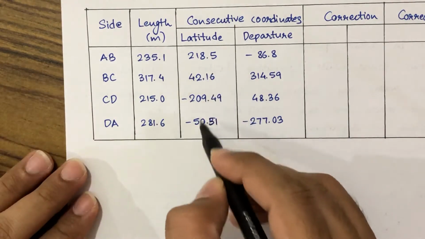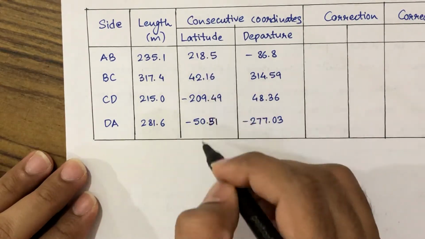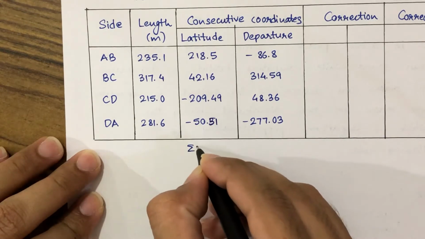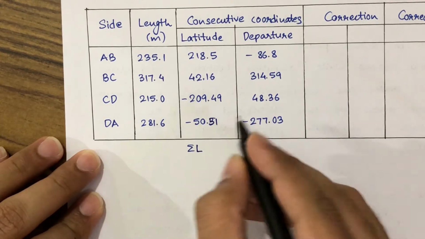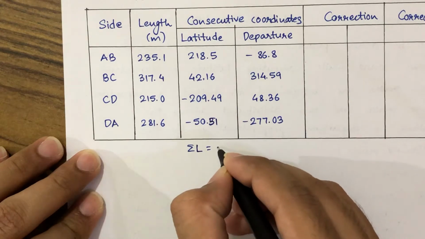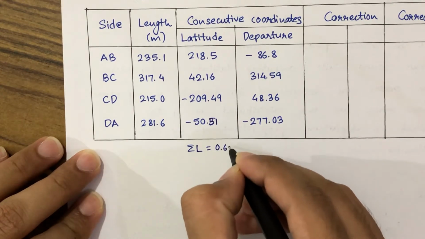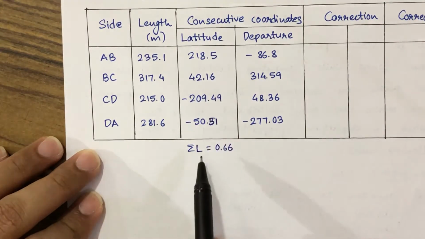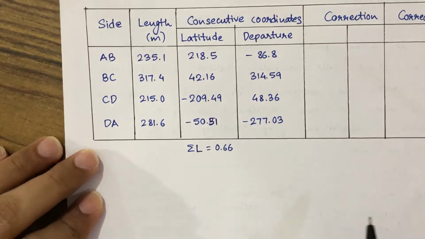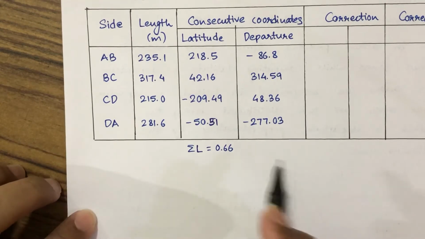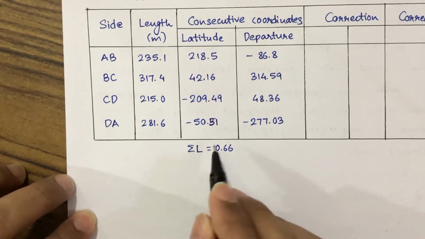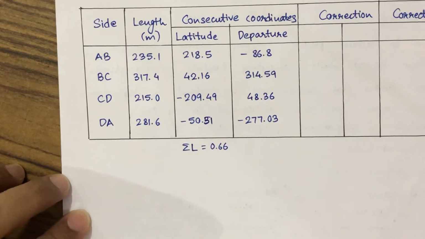When we add up all these values, we get summation of latitude as 0.66. This is not adding up to 0. It is giving some value, 0.66. So this is the total error in latitude.